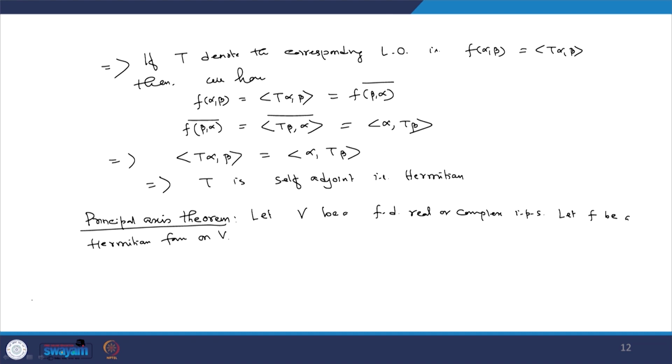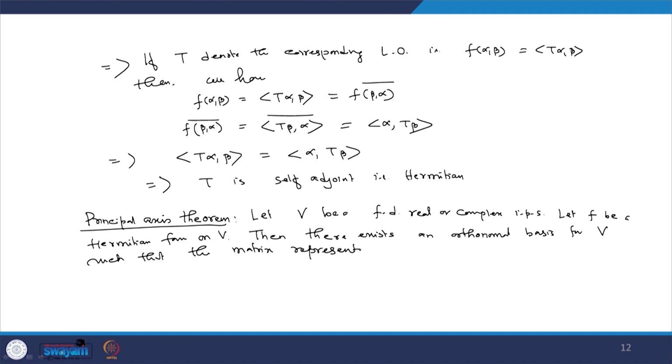Let f be a Hermitian form on V. Then there exists an orthonormal basis B for the space V such that the matrix representation of f with respect to B is a diagonal matrix.